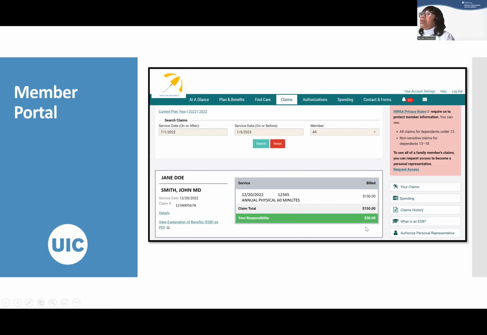That also shows you how much the total claim was, $150, and your responsibility was $30. So you can look up things of that nature. It also gives you your date of service, so you can see when you had that service.